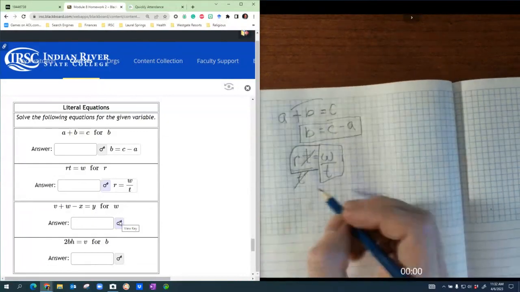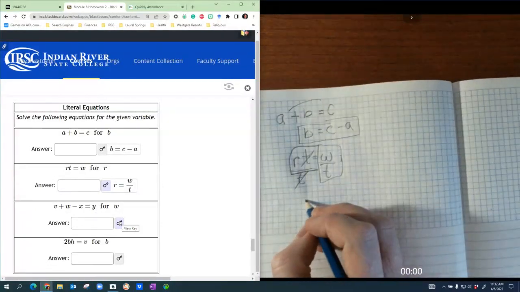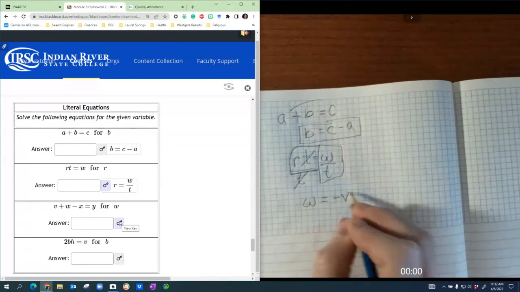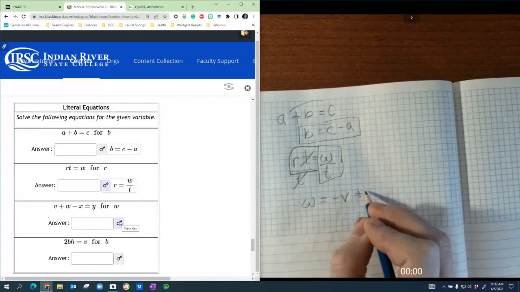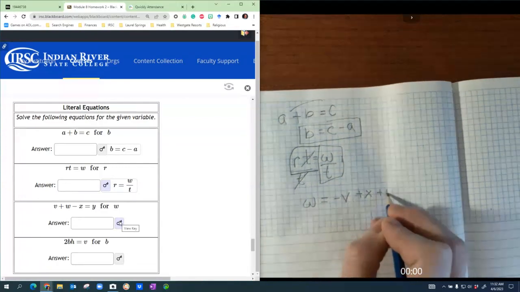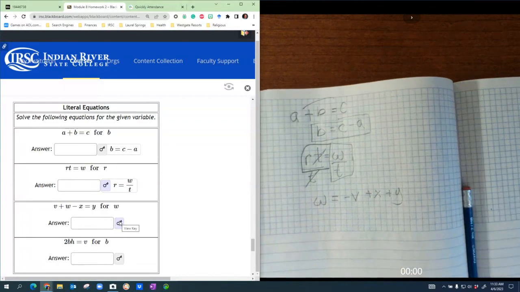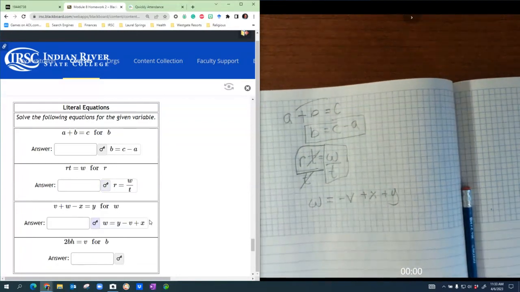So it's going to be all three of those. To write it down, I would just simply move the other two variables that are not being solved for over to the other side. So it's going to be negative v plus x plus y. How you write this doesn't matter, but here's the answer.